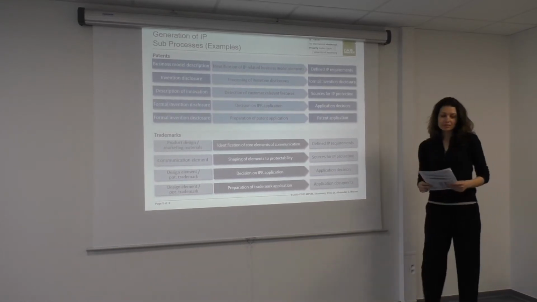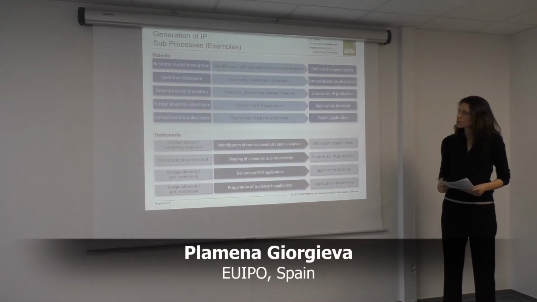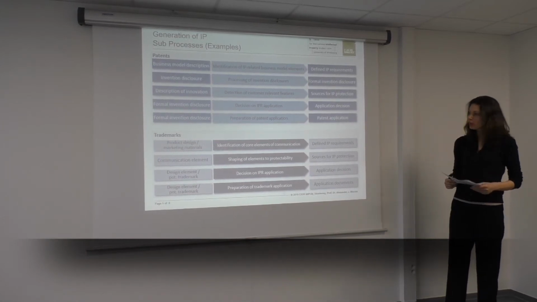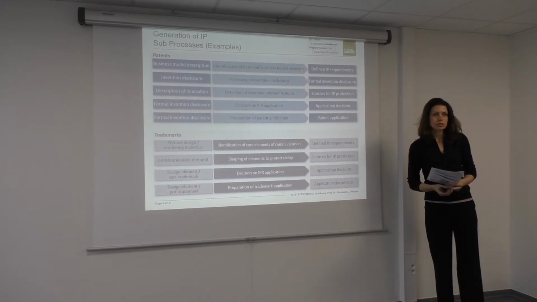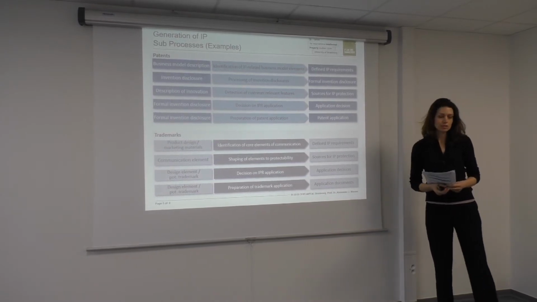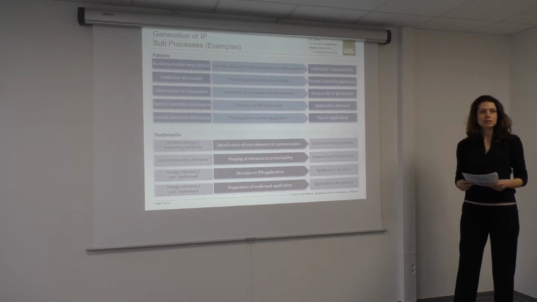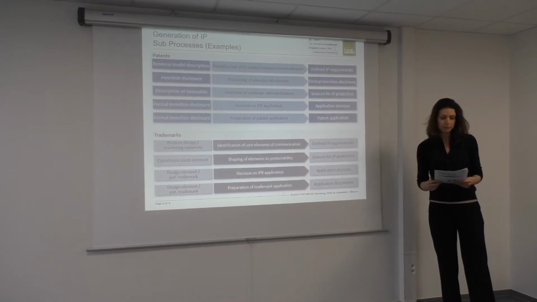I will now present an example of the sub-process of generation of IP with respect to trademarks. The trademark is the sign which distinguishes our products and services on the market and indicates that these goods or services originate from our company.